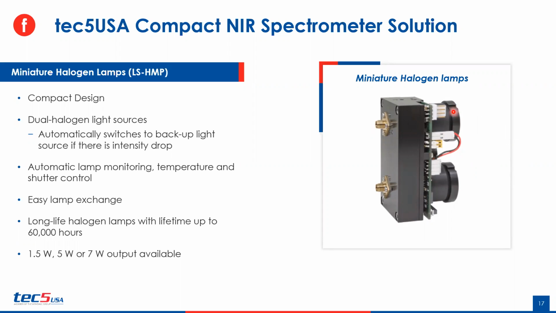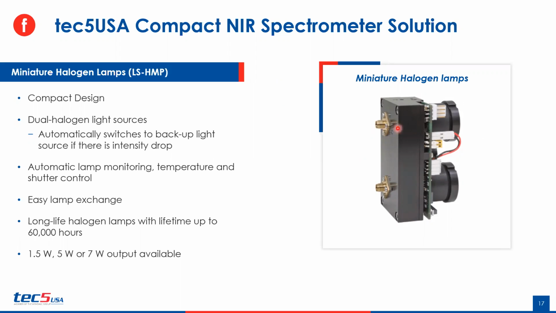So this intensity drop could be due to just the lifetime of the lamp degrading over time, or an intensity drop due to lamp failure or any other kind of failure. And automatically the secondary device or the backup device would initiate, and you would not have a loss in measurement.